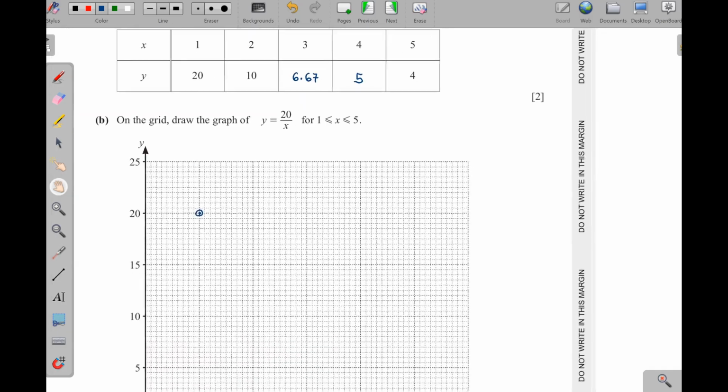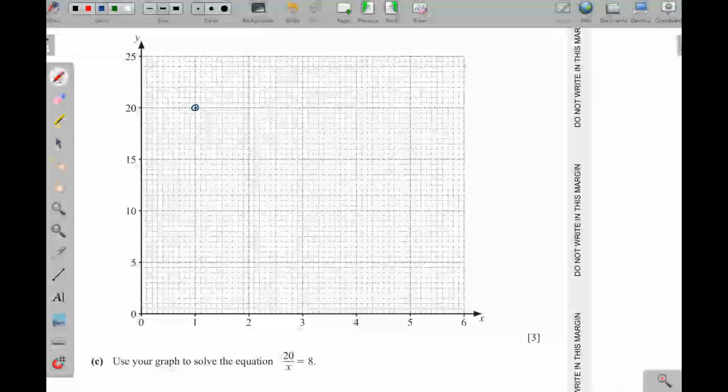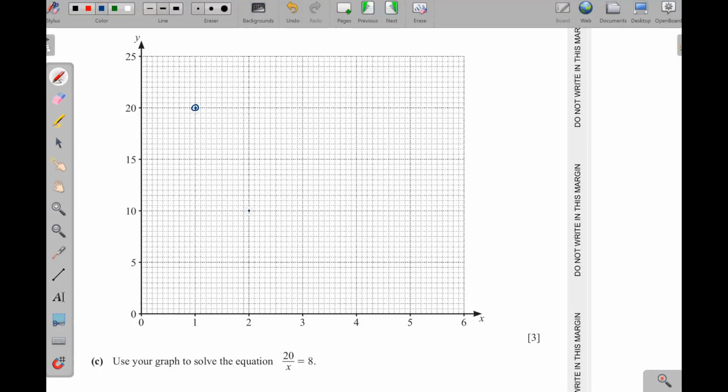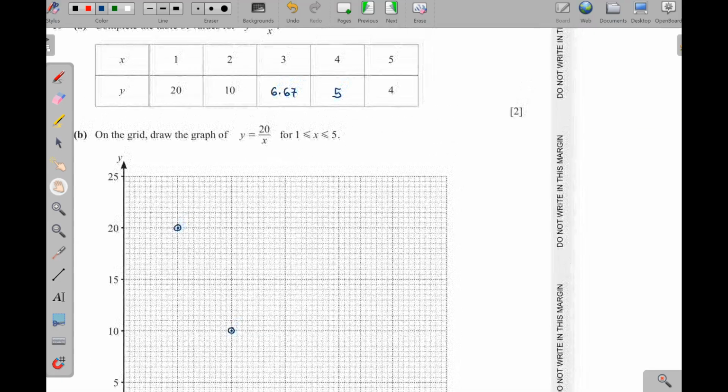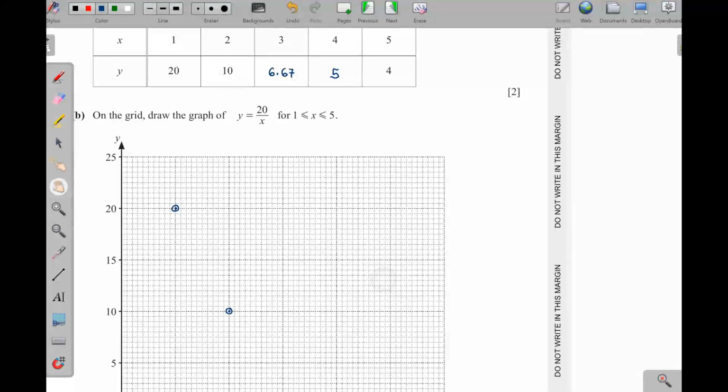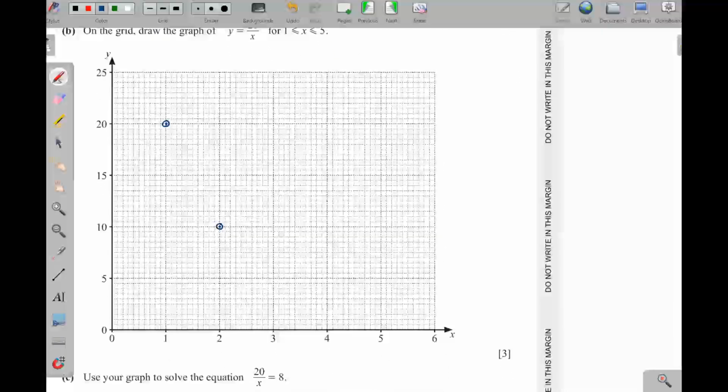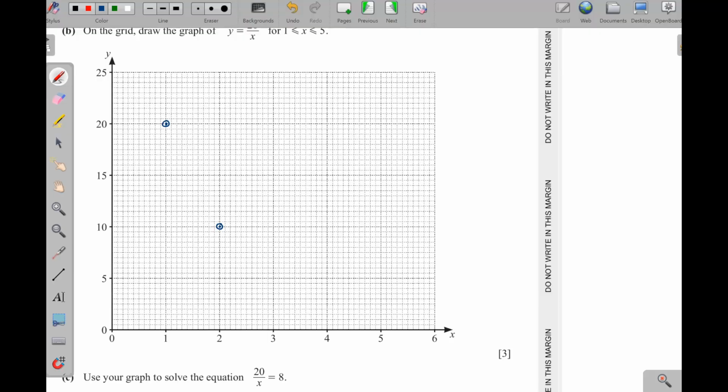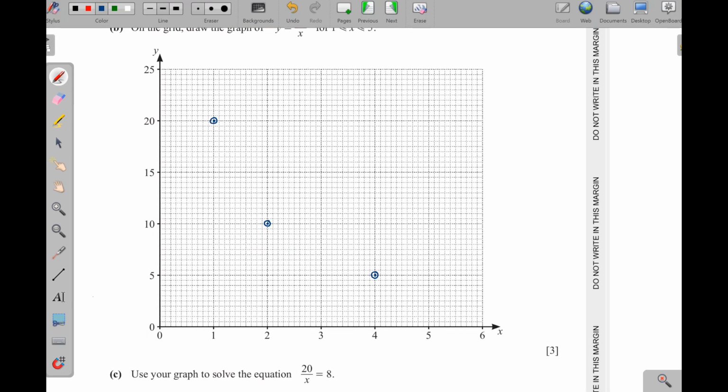Then next we have 2 and 10. Then let me first draw 4 and 5, and then 5 and 4. When you look at our scale here, one small box will be equivalent to 0.1.